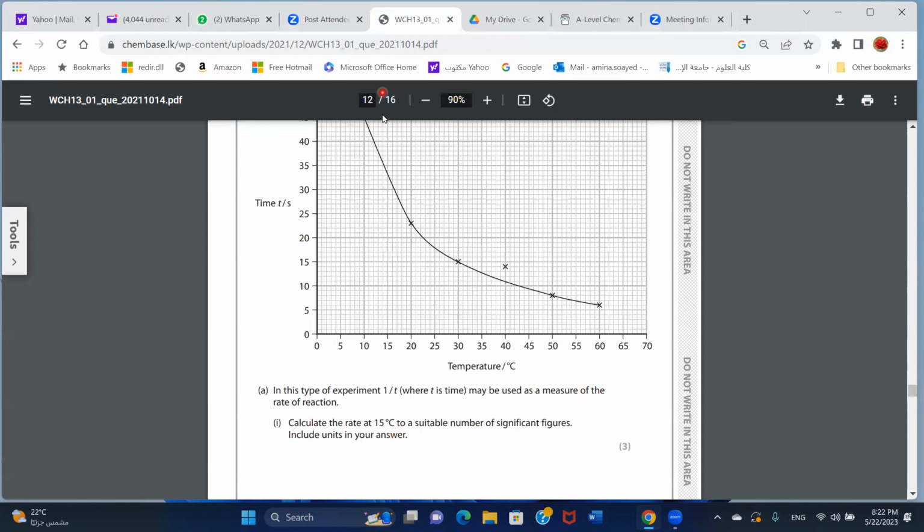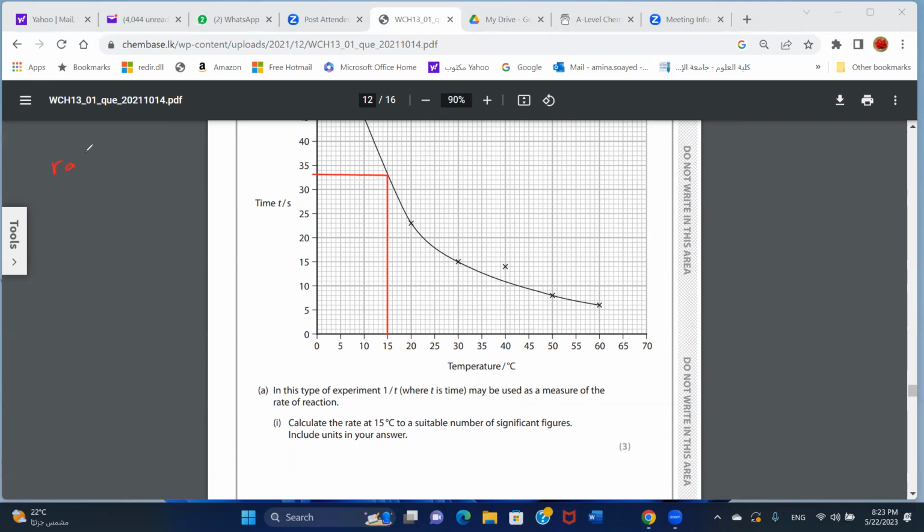Okay, so at temperature 15, the time was 33. From 15 we go upward until we meet the curve and read the time, isn't it? So the time here is 33. And then they want the rate.